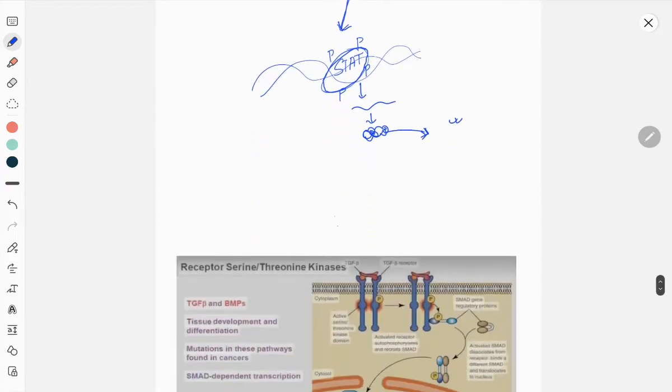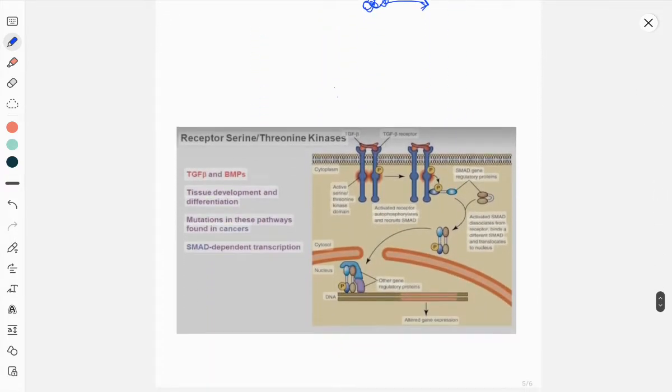Now the last group of receptor, which is serine threonine kinase. This serine threonine kinase receptor is more or less similar to the tyrosine kinase and JAK-STAT kinase receptors.